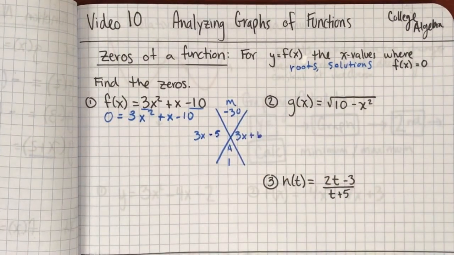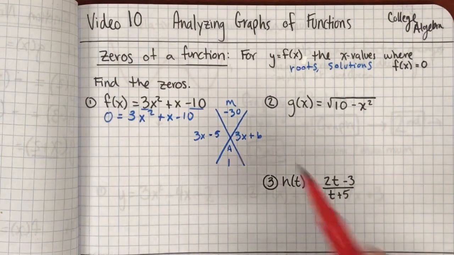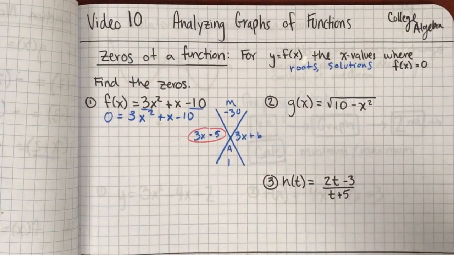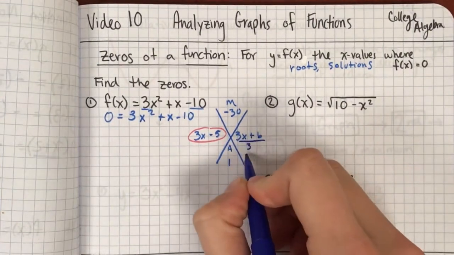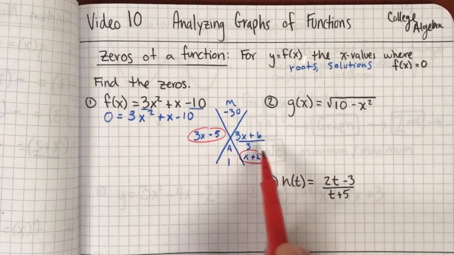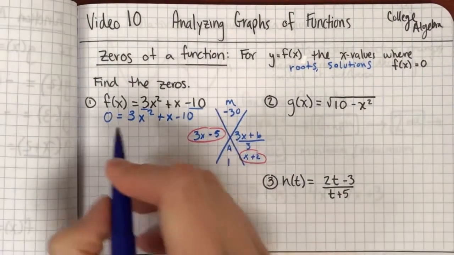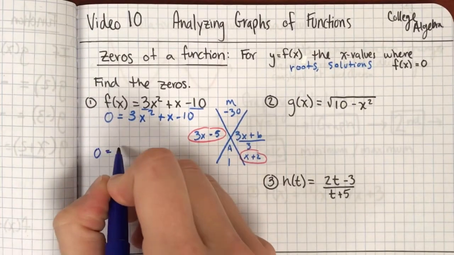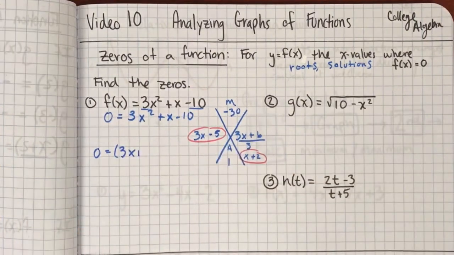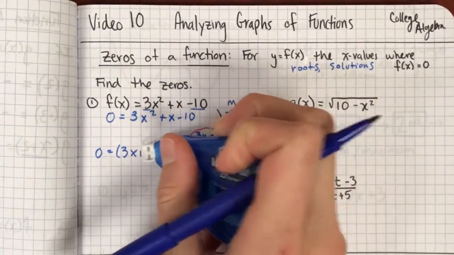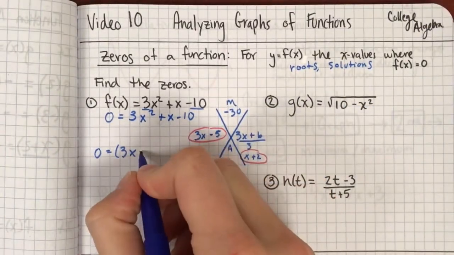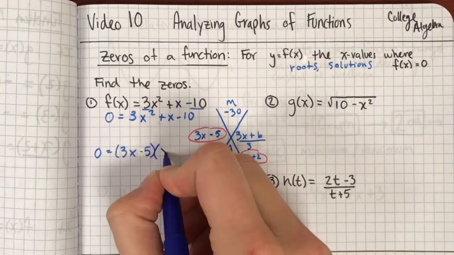Now my negative 5, my 3x minus 5, I cannot reduce that at all. That's the way it is. But my 3x plus 6, I can divide by 3 and I get x plus 2. All right, and so from there I can write these as factors in my equation. This would be 3x minus 5 and x plus 2.